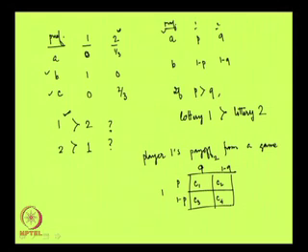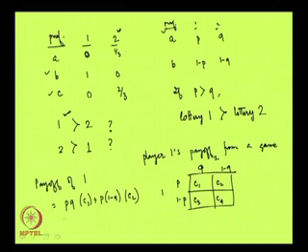The reason is the following: if player 2 plays this action with Q and this action with 1 minus Q, and player 1 is playing this action with P and this action with 1 minus P, then what is the payoff of player 1? It is given by PQ multiplied by C1 plus P(1 minus Q) multiplied by C2, plus (1 minus P)Q multiplied by C3, plus (1 minus P)(1 minus Q) multiplied by C4.